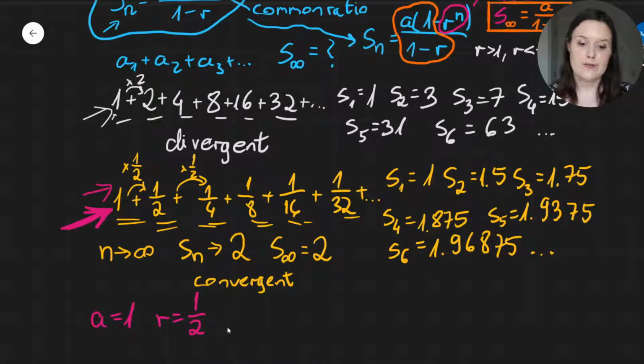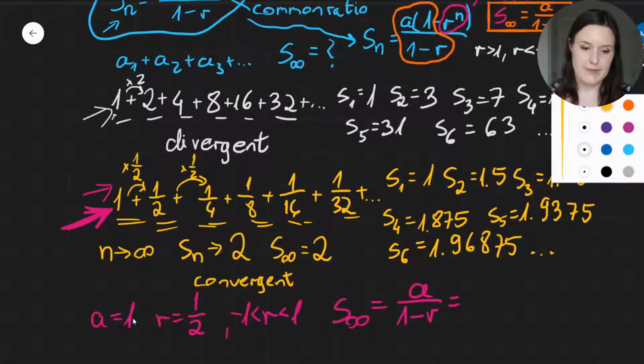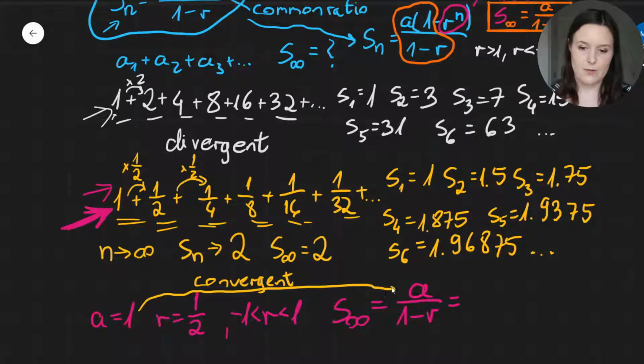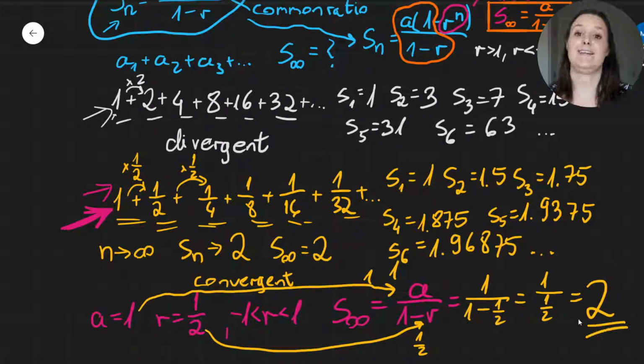So now you know that since the common ratio is between minus 1 and 1, the sum to infinity is the first term over 1 minus r. Let's substitute what we know. The first term is 1 and the ratio is half. So I have 1 over 1 minus half, and that is 1 over half, and that is 2. Okay, so I guessed right.